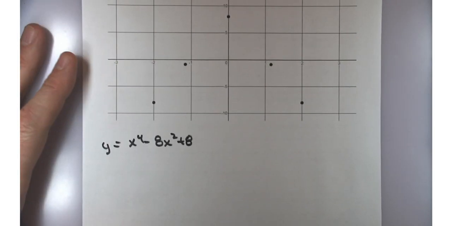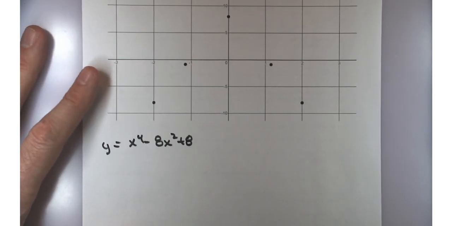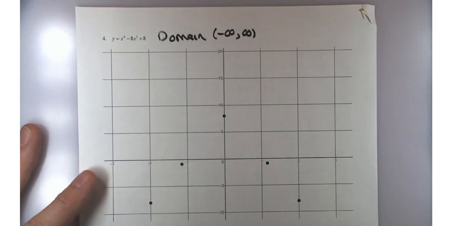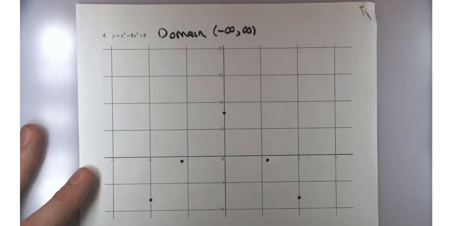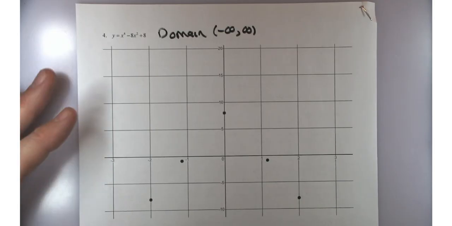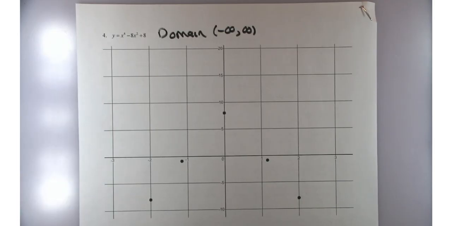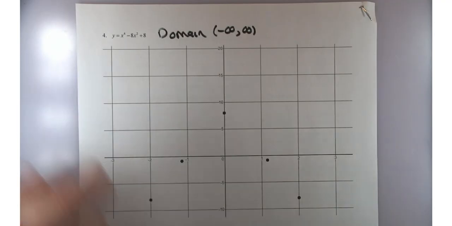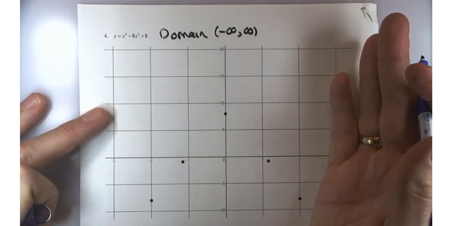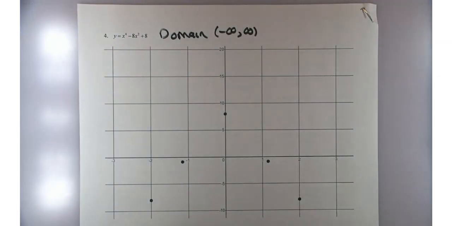One thing that does jump out in my mind is that because these are all even exponents, this is going to be an even function. What does an even function tell me about the graph? Yeah, it's symmetric with respect to the y-axis, so that's a good thing to know. So the left-hand side and the right-hand side of this graph should be mirror images of each other.